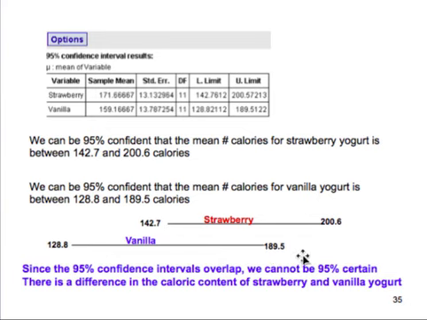I drew a little visual, and we see that the 95% confidence intervals overlap, so that we cannot be 95% confident of a difference in caloric content of strawberry and vanilla yogurt.